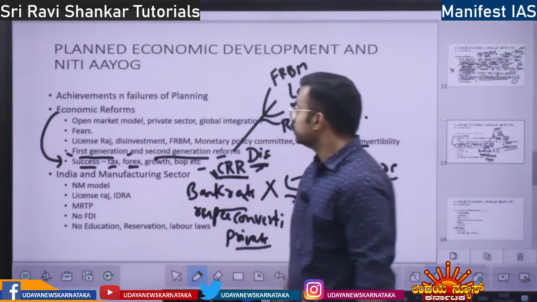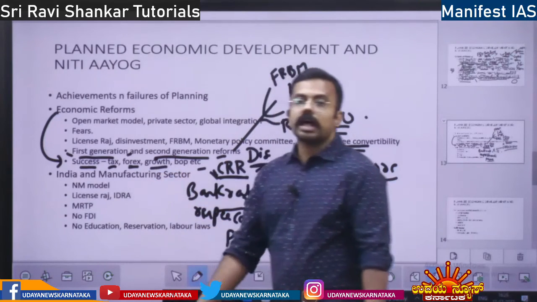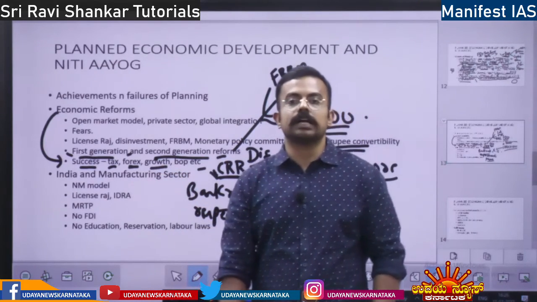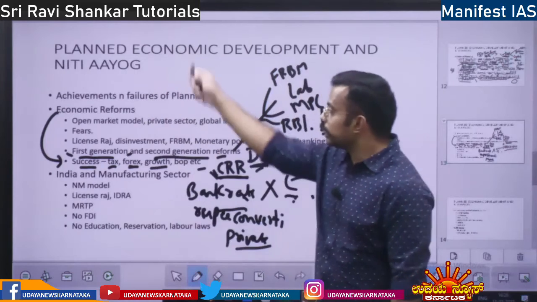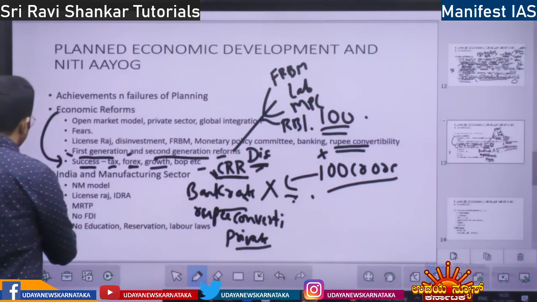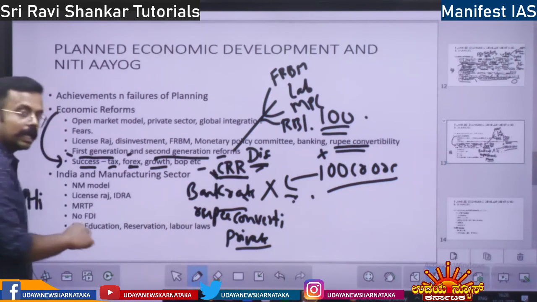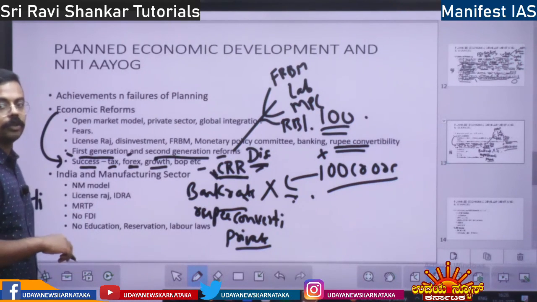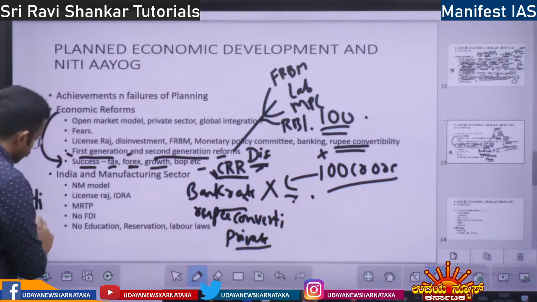So that increased. There is growth. Earlier it was called the Hindu rate of growth. Throughout the planning period, whatever growth happened is called the Hindu rate of growth, around 3 to 4% growth.